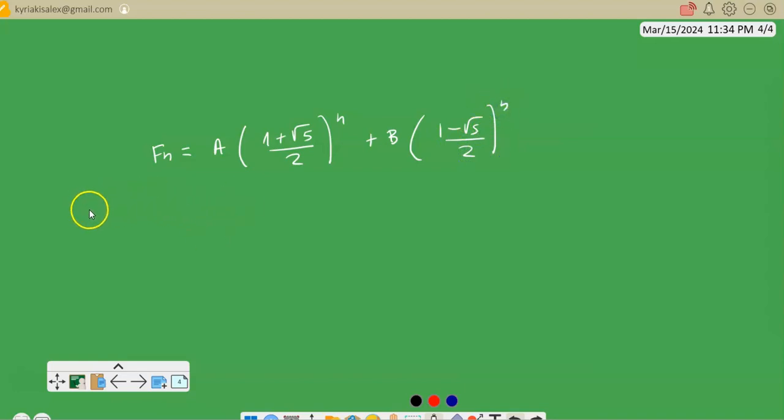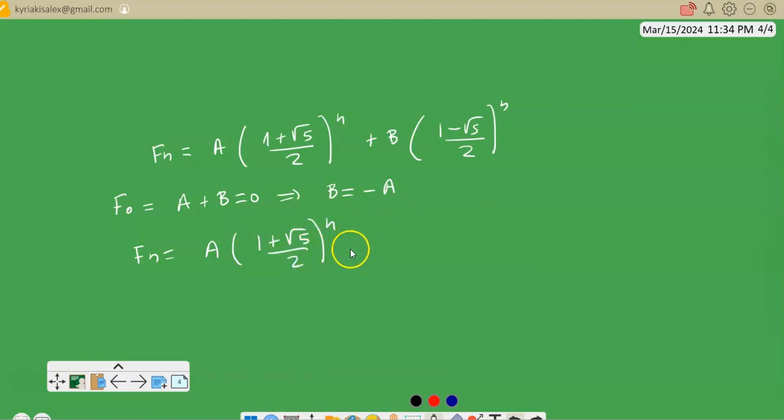We know that the first term of the Fibonacci is equal to 0. So for n is 0, a plus b is equal to 0. And from here we can eliminate the constant b, which is minus a. So Fn can be written alternatively in this way: a times 1 plus square root of 5 divided by 2 to the power of n, minus a times 1 minus square root of 5 divided by 2 to the power of n.